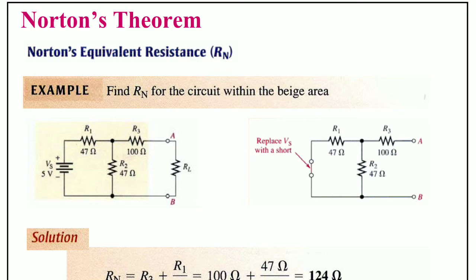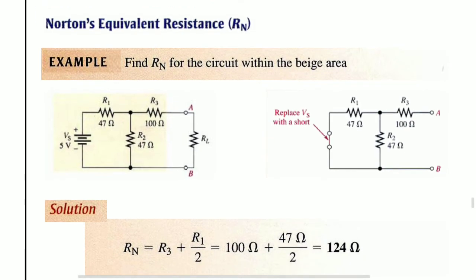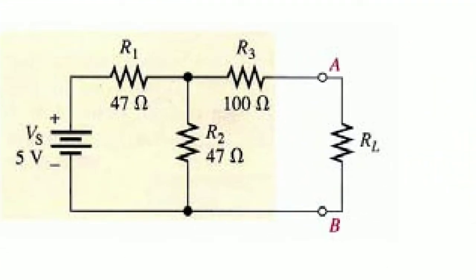See this example: the source voltage is 5 volts, R1 is 47 ohms, R2 is 47 ohms, R3 is 100 ohms.